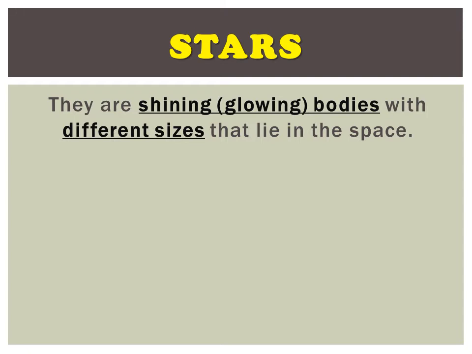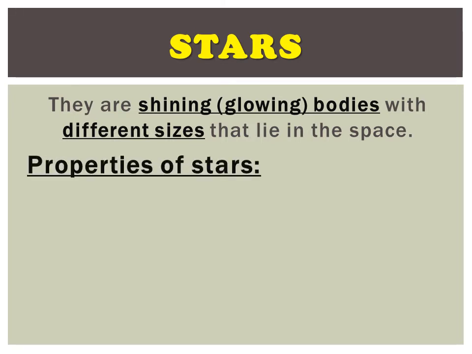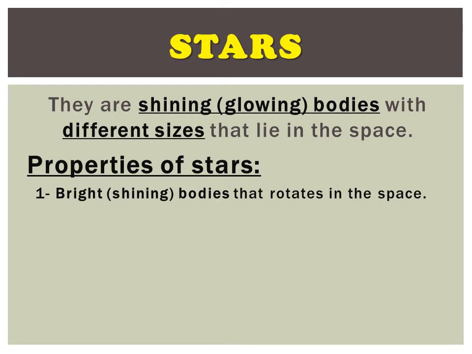Okay, any celestial body has some properties. Can you remember the properties of the stars? We said it from the picture. First, they are bright or shining bodies. Okay, they are rotating like a circle, making a circle. So try to make a circle with your hand or with your pencil.